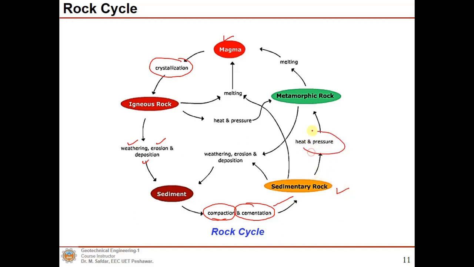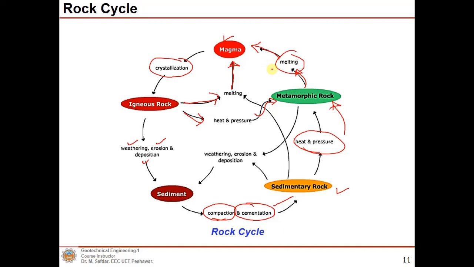And if heat and pressure is applied, this will transform the sedimentary rock into metamorphic rock, and after melting of the metamorphic rock, magma is formed. If igneous rock is melted, it can become magma, and if heat and pressure is applied, it can transform into metamorphic rock, and that metamorphic rock can again melt and come into the form of magma.